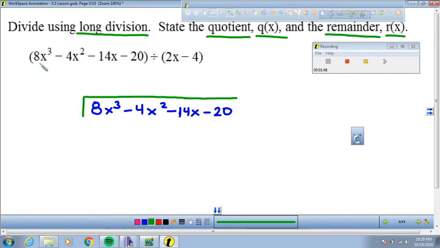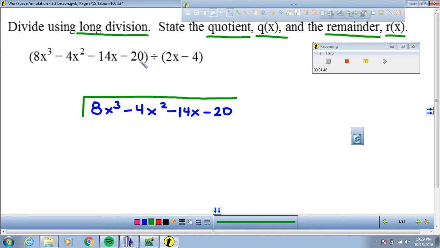So we start with a term here that has an x to the third power. The next term should be one exponent less than that, x to the second power, and then the next term has an x to the first power, even though we do not see any exponent on the x. Remember that we always assume that it's a 1. And then the last term, the constant, negative 20, has no x that we can see, so consider that to be an x to the 0 power.